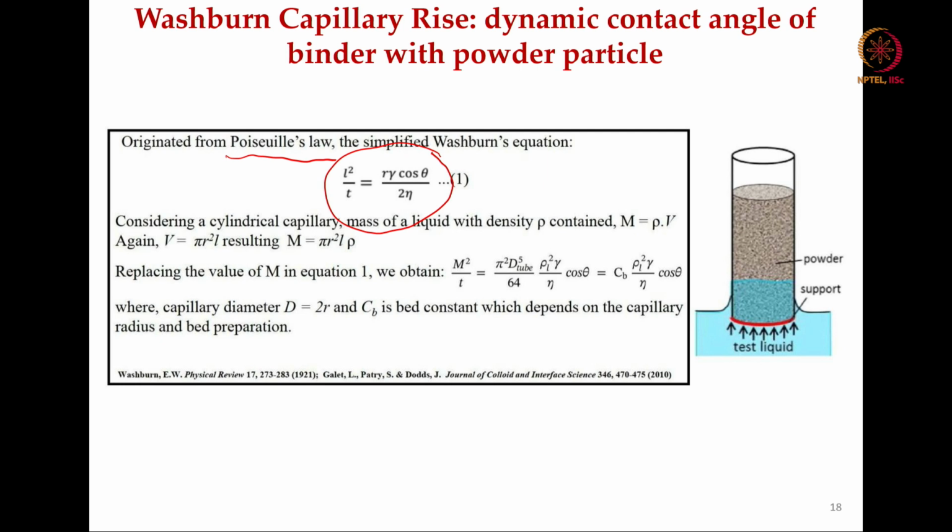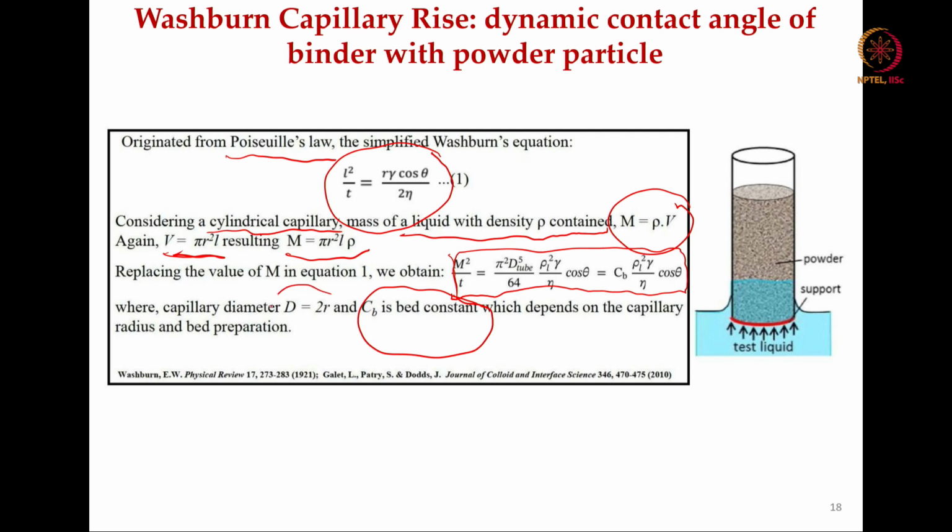Here, considering a cylindrical capillary, the mass of a liquid with density rho is m equals rho v, where v is pi r square L, so m is pi r square L into rho. If you do simple substitutions into the first equation, then we get m square by t is nothing but Cb rho L square gamma divided by eta cos theta. What is Cb? Cb is your bed constant, and the capillary diameter capital D is 2r.